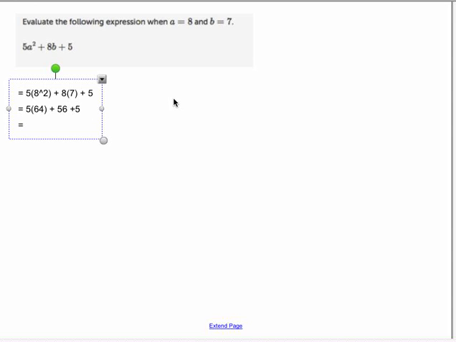Then let's work out the next step. We've got the 5 times 64, which, instead of using a calculator, I had to think about. Just over here I'll show you my working out.